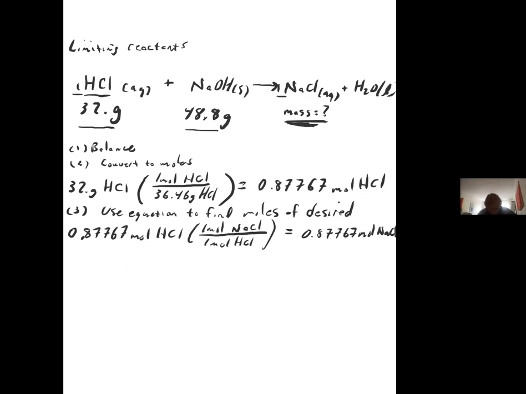Then step 4, convert to grams. Remember, to convert to grams, you multiply by the molar mass. Now we're dealing with NaCl. 0.87767 moles of NaCl. How much does NaCl weigh? It's 58.44.